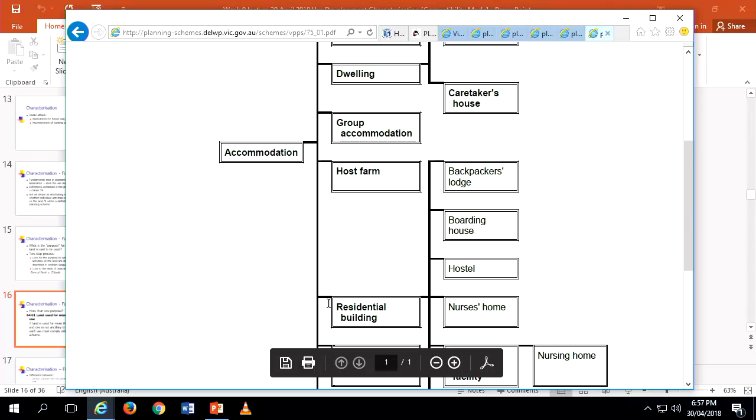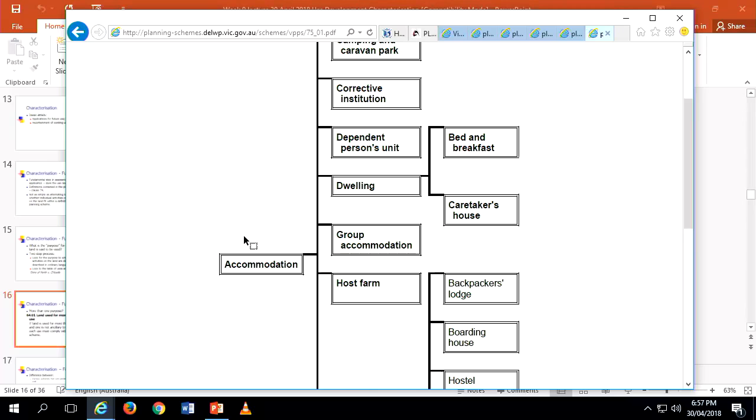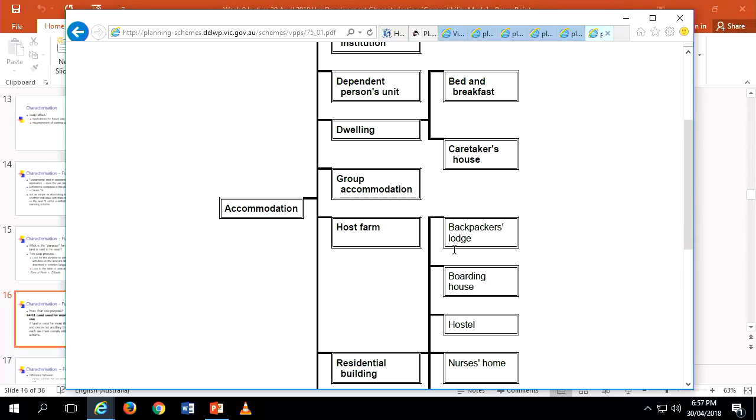Now, it is possible that the responsible authority might be very, very interested in the purpose to which you're putting the land, and sometimes they do try to drill down very specifically because they want to think about the impacts, perhaps, of a certain land use.